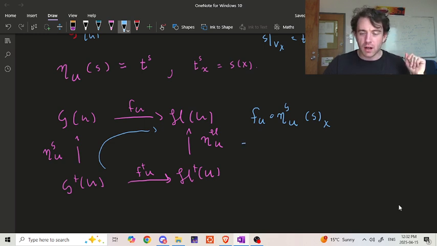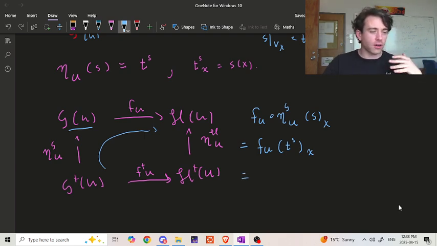Okay. But by definition, this is FU of, we already know, the definition of eta G at U is the construction of some section T of GU depending on S. Right? So it's just FU of this, and we're evaluating the germ at X.